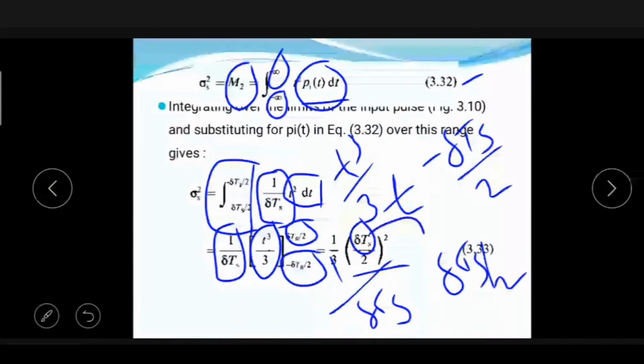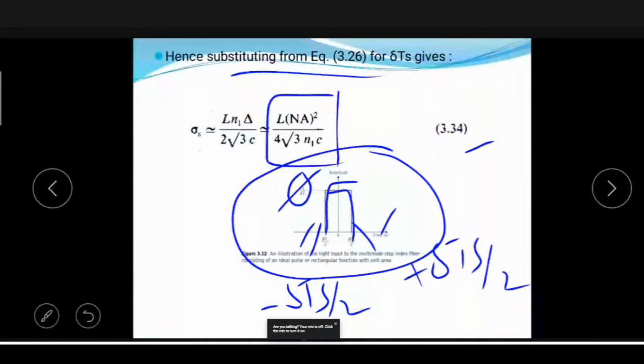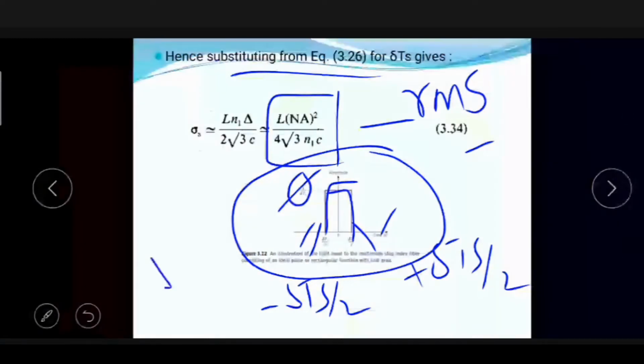If I substitute, I'll get sigma s is equal to L into the square of the numerical aperture by 4 root 3 n1 into c. This is the expression you are supposed to get, which is the RMS pulse broadening due to intermodal dispersion.